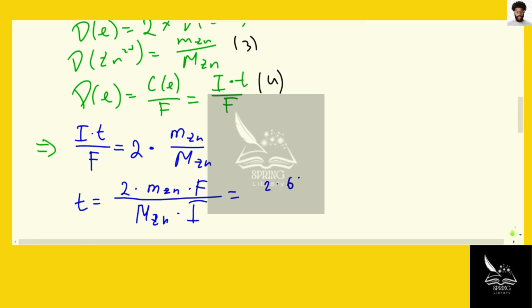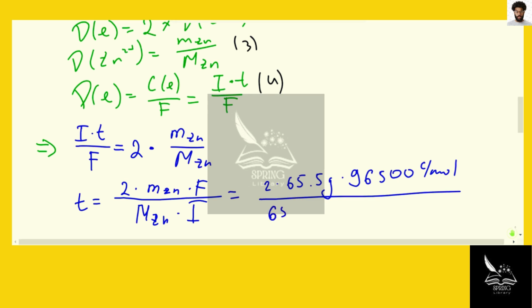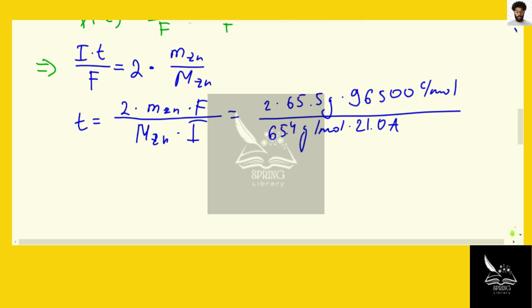It equals 2 multiplied by 65.5 grams, multiplied by 96,500 coulombs per mole, divided by 65.4 grams per mole and by 21.0 amperes. So it equals 9,190 seconds.